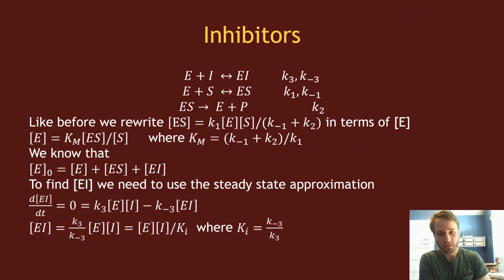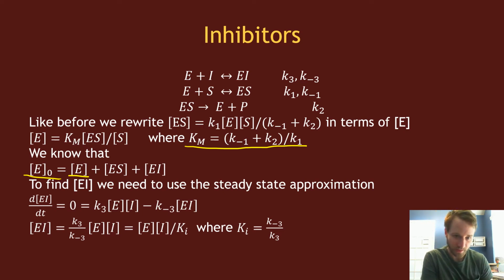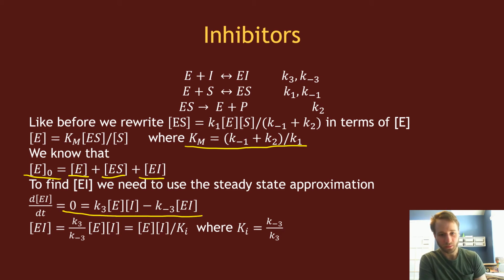To do that, again, we're going to find the same Km expression as before, but now the initial enzyme concentration is related to the free enzyme concentration plus the enzyme substrate plus the enzyme inhibitor. And that enzyme inhibitor is again some sort of intermediate, so we use a steady state approximation for that to find that the concentration of the enzyme inhibitor is just equal to K3 over K minus 3 times concentration of enzyme times concentration of the inhibitor.